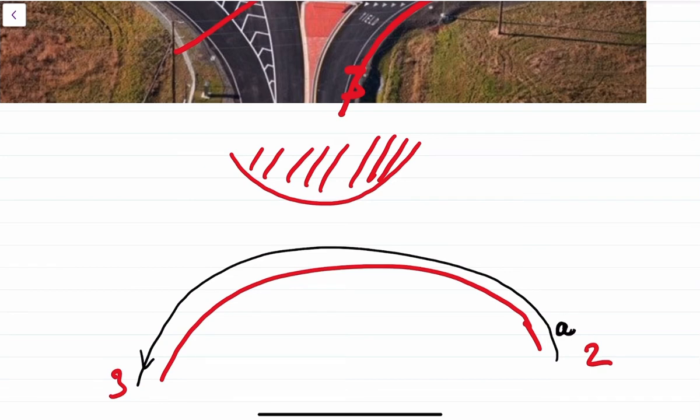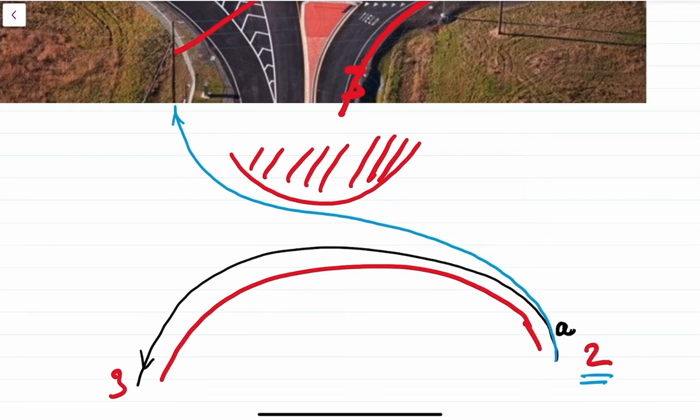Then we have traffic that is coming from leg 2 and going to some other leg. The leg may be leg number 4 or leg number 1.